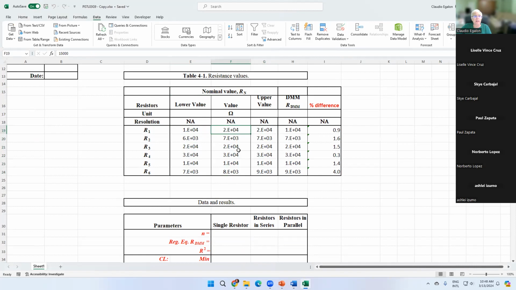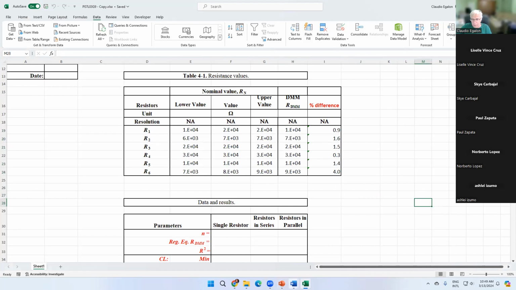This one here is 15,000, minus 10% and plus 10% in my case. And here's the measurement of the DMM. For the significant figures of the DMM, you have to use the table that I provided to display the proper number of significant figures.